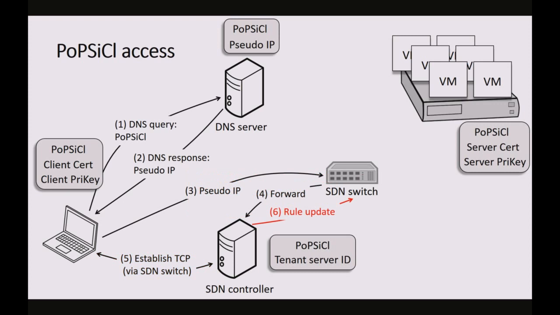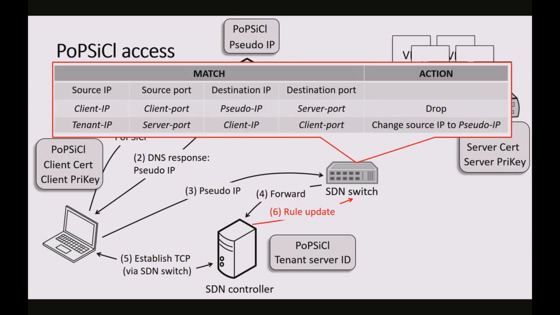The first one is it will block, just for the moment, new inbound traffic from the client. You'll see why in just a second. And it will set up another rule that says responses will get their source address mapped to come from the pseudonymous IP. So when anybody responds out of the cloud, the bad guy on the outside who's watching all this doesn't get to see what the real IP address of the tenant server is.